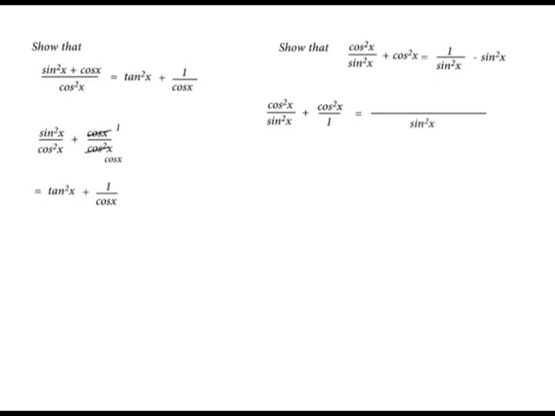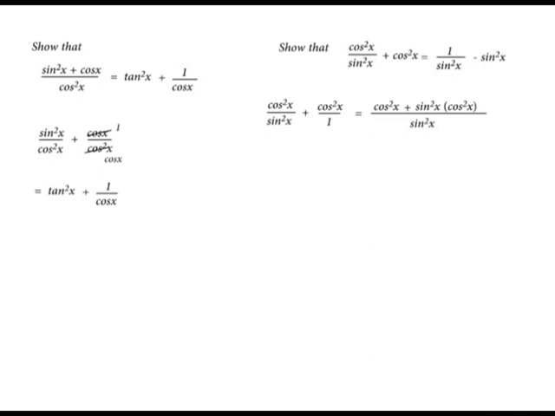Sine squared x divides into sine squared x once. 1 times cos squared x is cos squared x, plus sine squared x divides into 1 sine squared x times. Multiply that by cos squared x, and we shall have sine squared x times cos squared x.